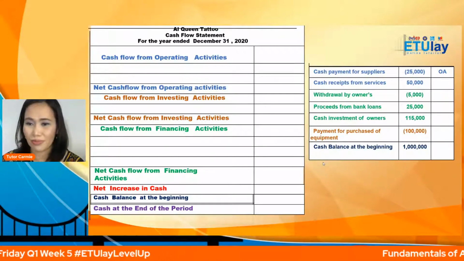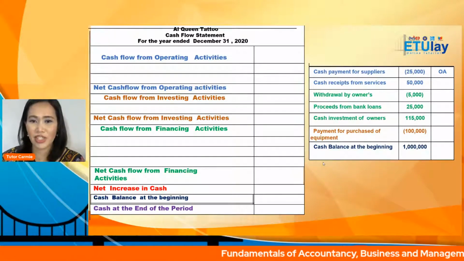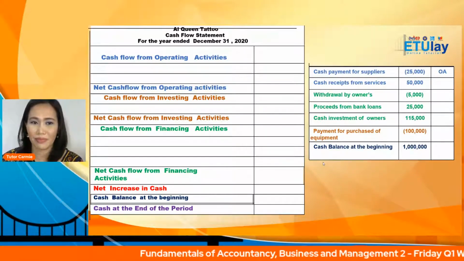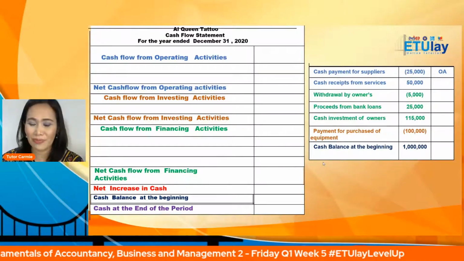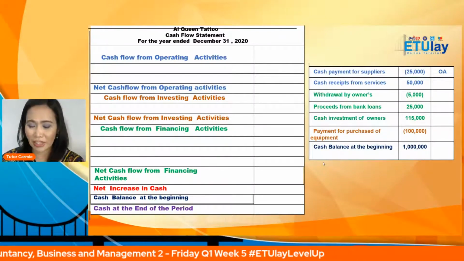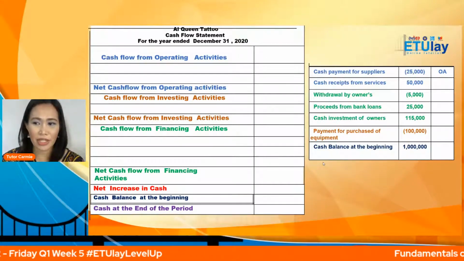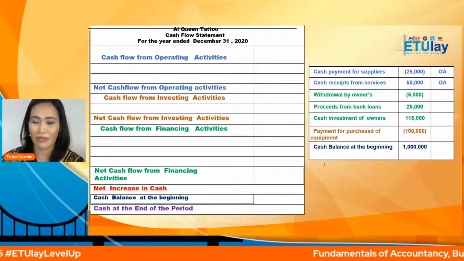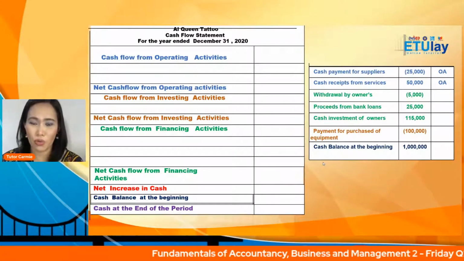So, very good. So, let's have now the cash receipts from services. Is this what? Nako, mukhang pinag-isipang mabuti. Okay? Kung ang sagot po ninyo ay the same operating activities, you are correct. Very good. Now, let's have now withdrawal by owners.